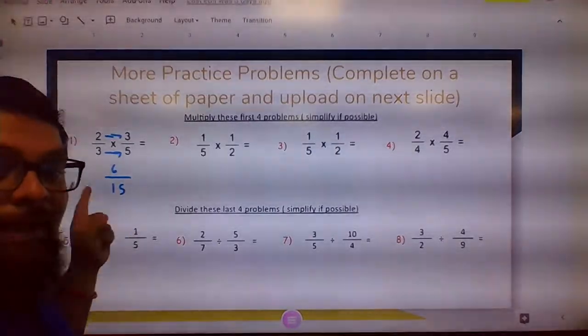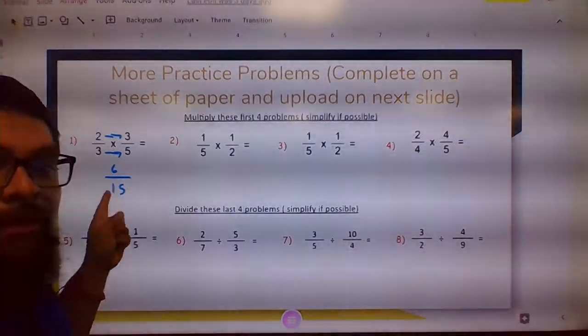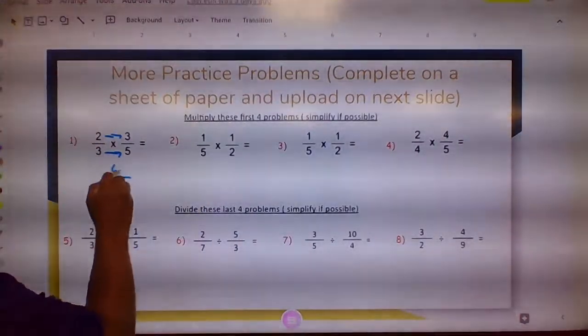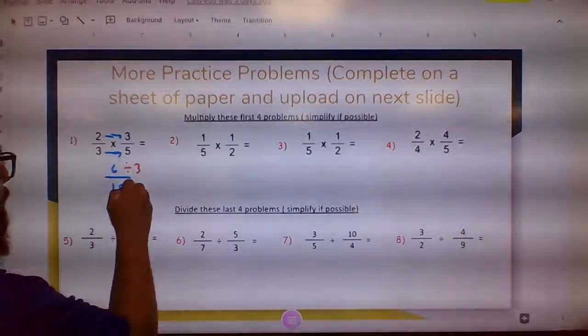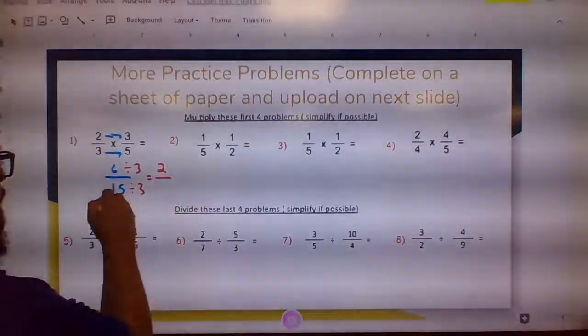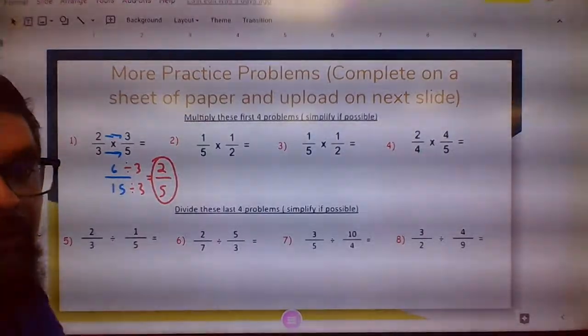If you're leaving it like this, I'm not going to give you extra credit. But if you're simplifying it, then you're getting extra credit. On this one, you can divide the top by 3 and the bottom by 3. 6 divided by 3 is 2, and 15 divided by 3 is 5. This is your answer for number 1.